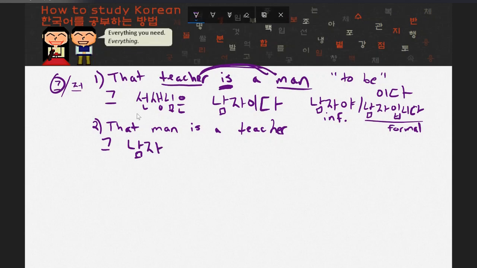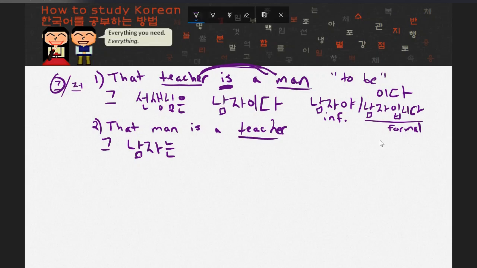And just like up here, I have the subject particle on 선생님, but in this case, I have to put it on 남자. 남자 ends in a vowel, where 선생님 ends in a consonant. So I added 은 here, but for 남자, I need to add 는, because 남자 ends in a vowel. Now I need to indicate what this man is. Well, the man is a teacher.